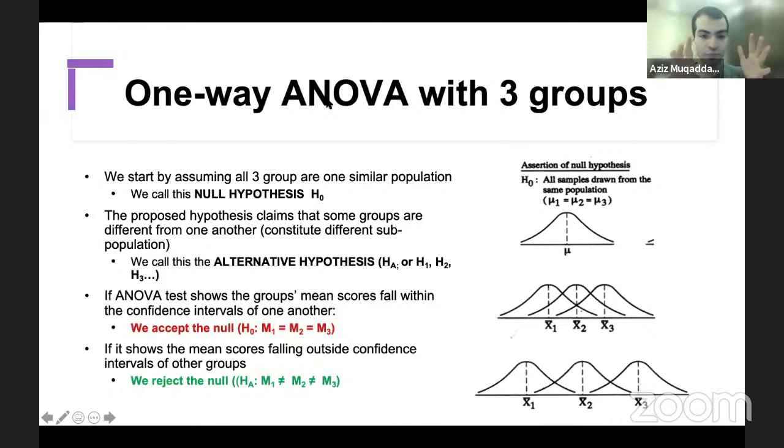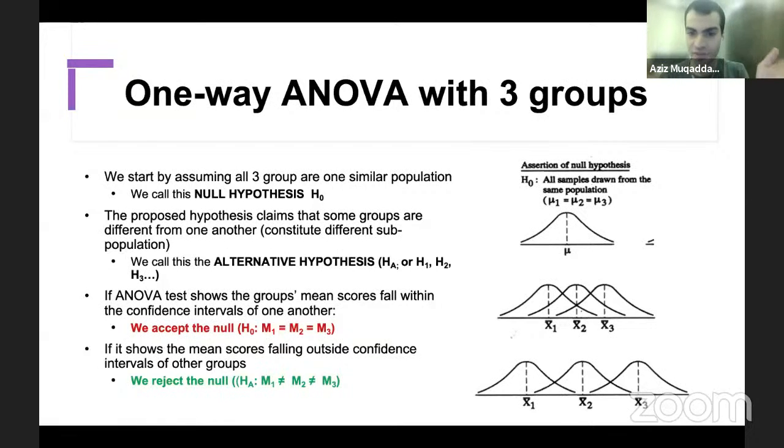The default position is that all of those groups are similar, because you haven't established your hypothesis yet, right? So the default is we don't know that they're different. So we're just going to assume they are still similar. They're still the same population. So they should exhibit the same characteristics, right? That's the default position. And we call that the null hypothesis, all right?